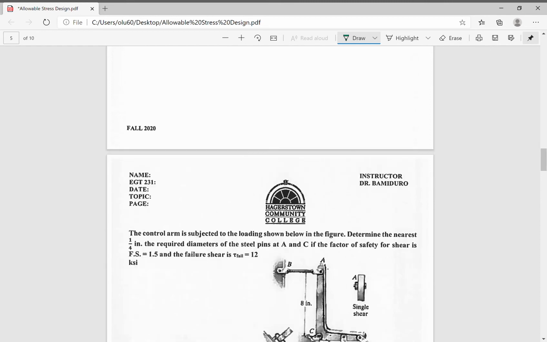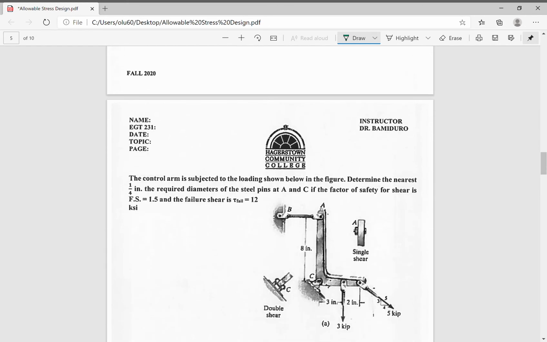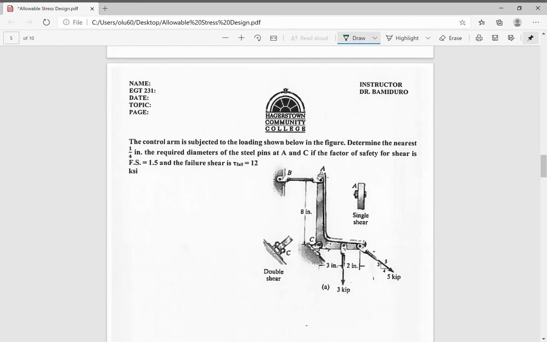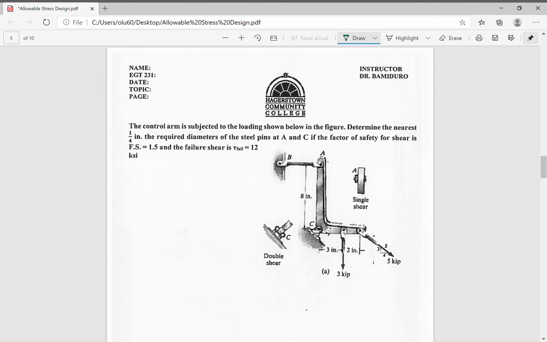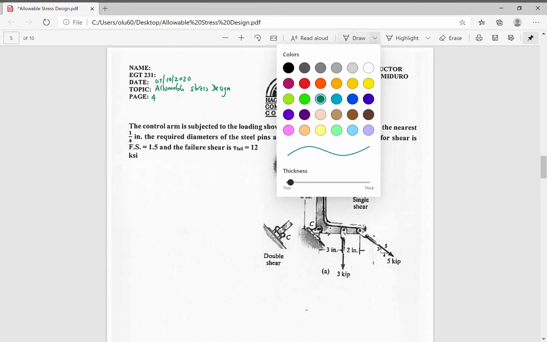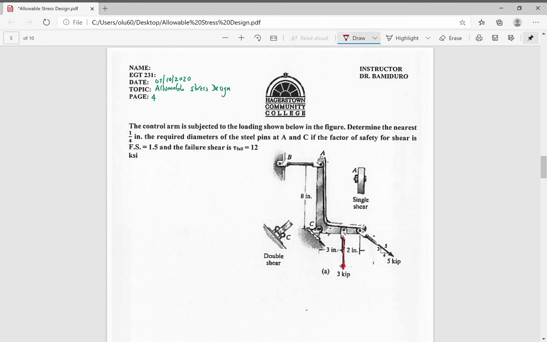Okay, so let's look at this example problem in our textbook, whereby we have a control arm that's subjected to the load shown below. We have a force acting on it here, at an angle here, okay.